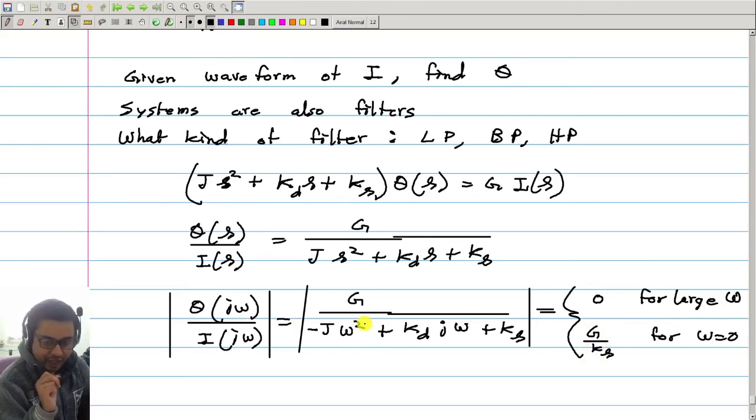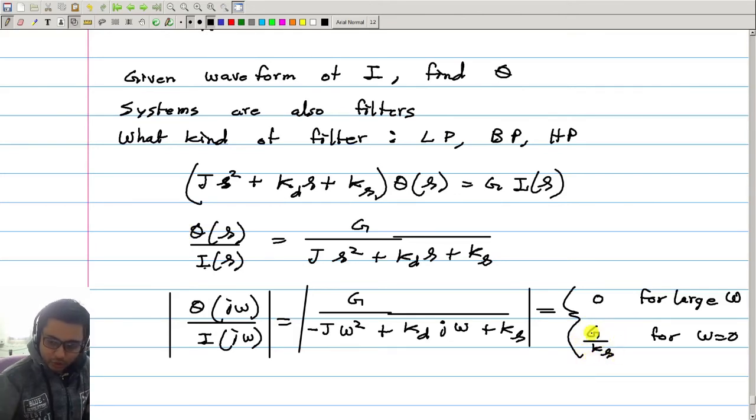Now that means what? If this I is varying with time, you can do a Fourier decomposition of this current, which will have different frequencies, and accordingly theta will also have different frequency components. However, all high frequency components will die down and only the low frequency part will survive. The low frequency gain is this.